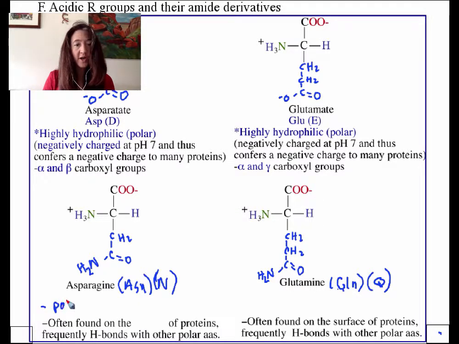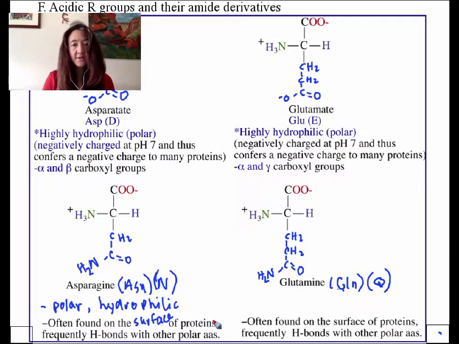They're polar, hydrophilic, often found on the surface of proteins, where they can frequently hydrogen bond and interact with other molecules. In fact, maybe these will be even involved if a protein is perhaps binding to a receptor. So in both cases, polar, hydrophilic.